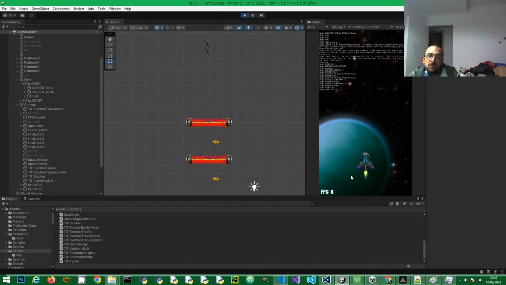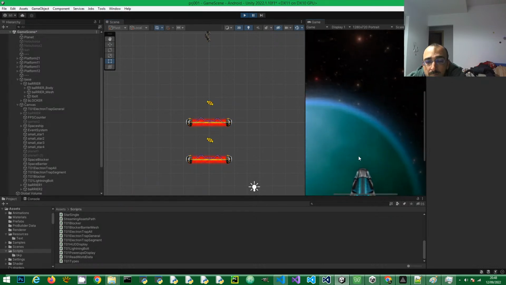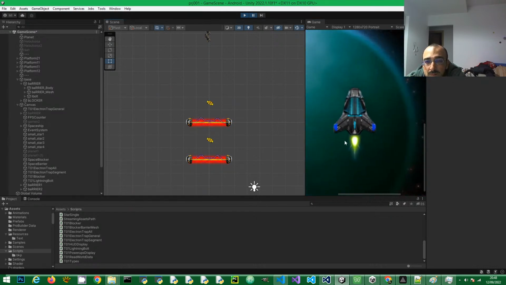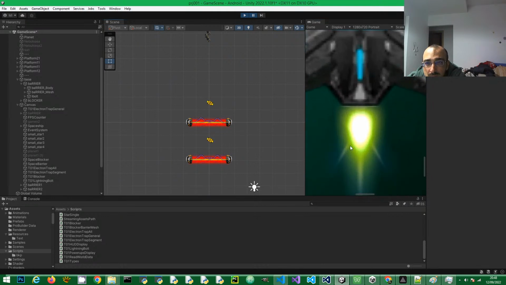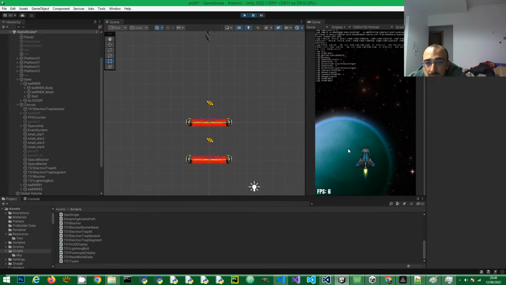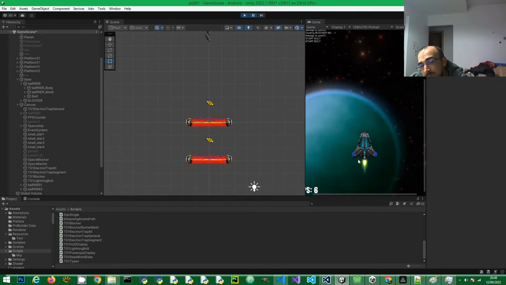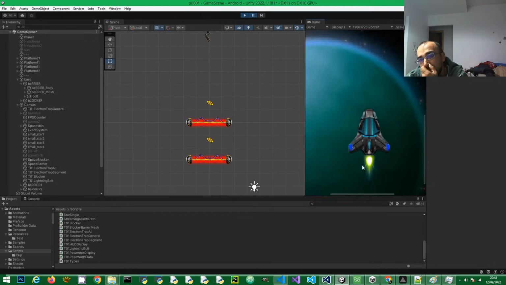We have the movement, make the movement a little bit more smooth. We have to make this thruster expand as we accelerate. We have to make it bigger, as if more energy comes out of the exhaust pipe of our spaceship.